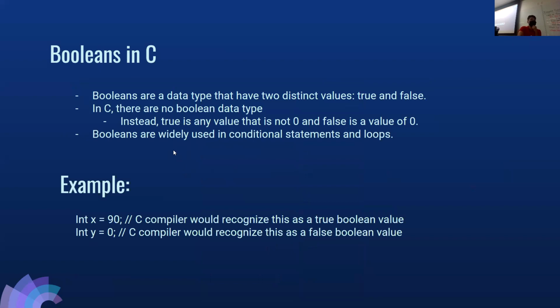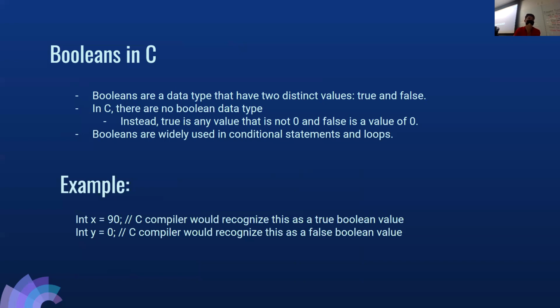So booleans are a data type that is either true or false, right? In C, there isn't exactly a type called boolean.